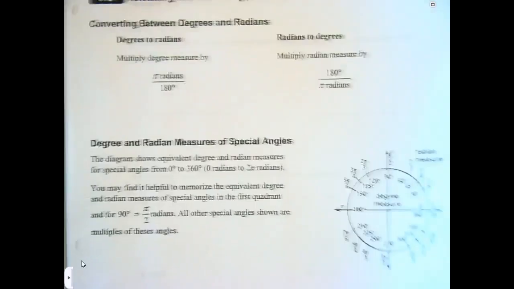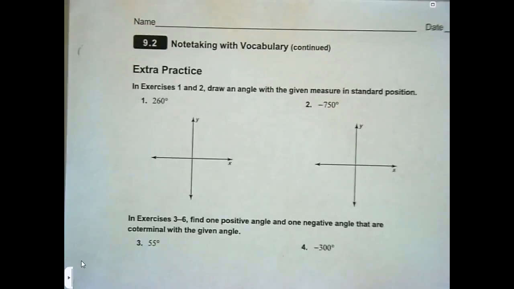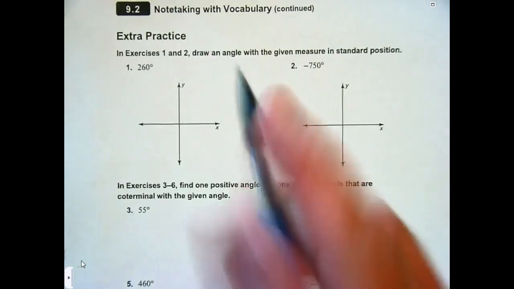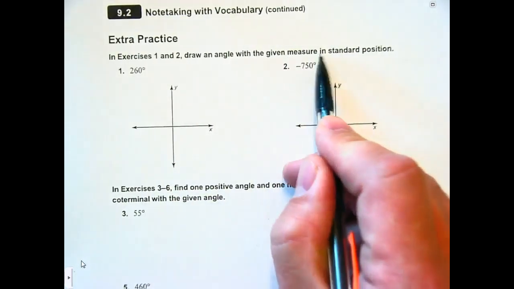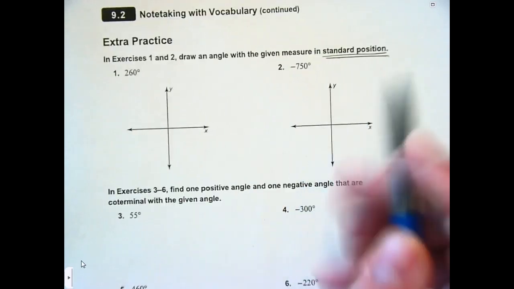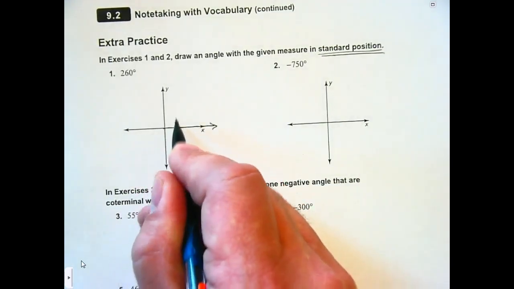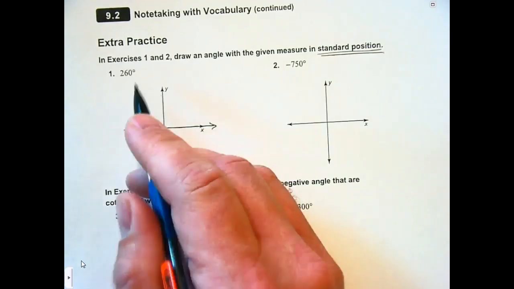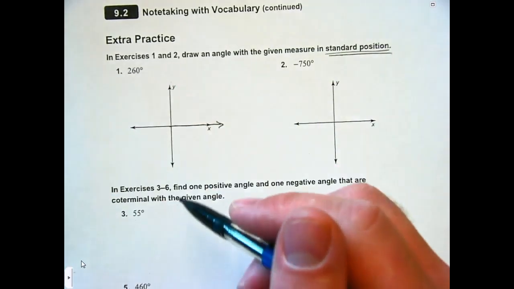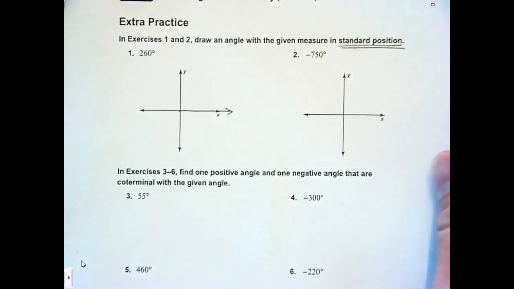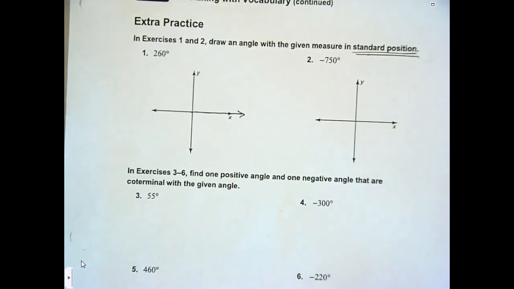Let's switch this real quick. We'll come back to that, but go to page 251. It says, draw an angle with the given measure in standard position. That means start here and rotate counterclockwise till you get to 260 degrees. So everyone right now, do number 1. You can approximate. You don't have to be exact.